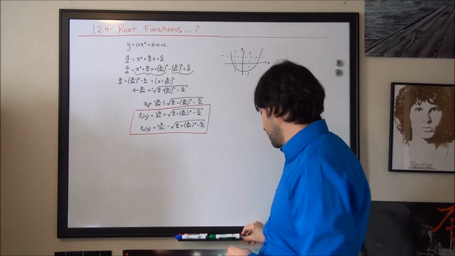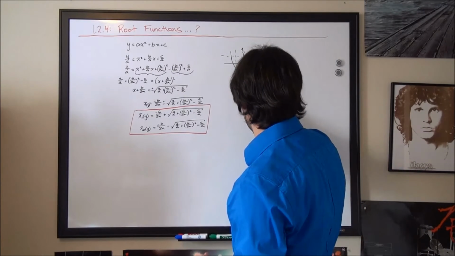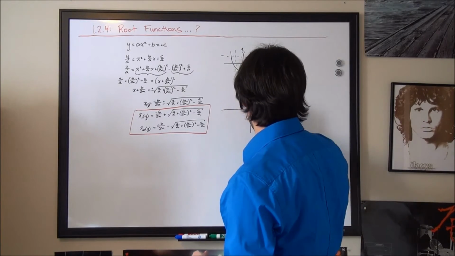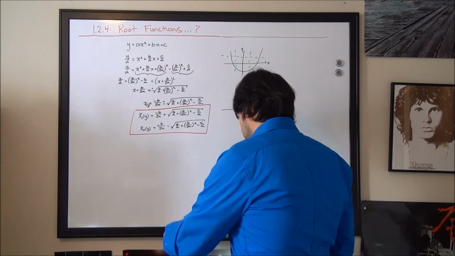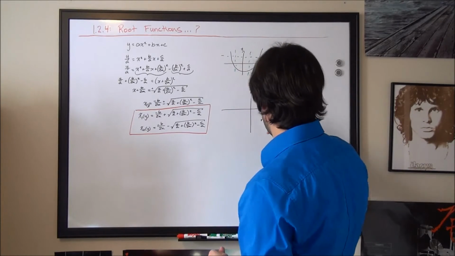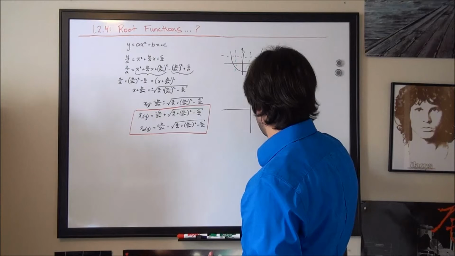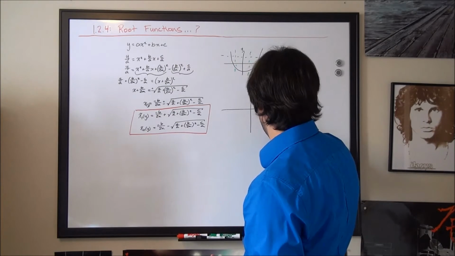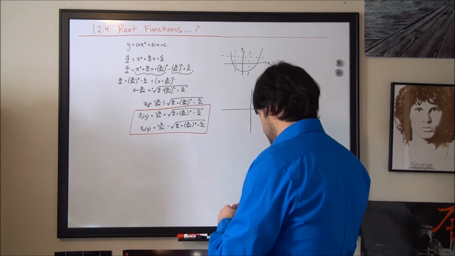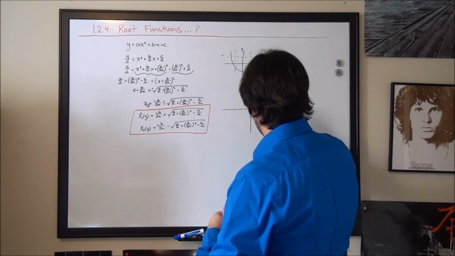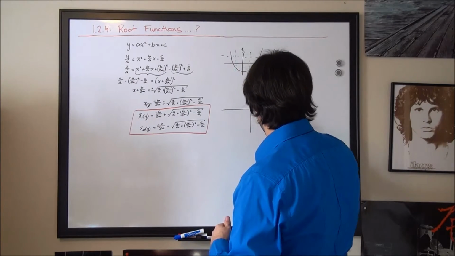The way that will look, if we draw an axis like this, there will be one point where they will connect. I'm going to choose this point to be it, and it'll go like that, and it'll go like this.